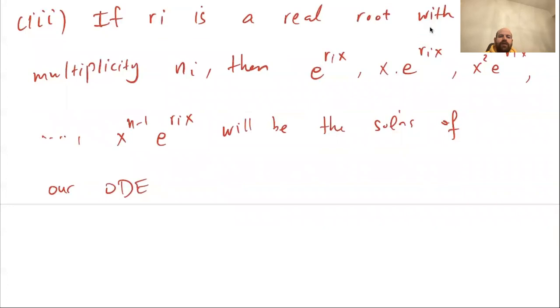And finally, if we have complex roots which are repeated roots as well, with multiplicity more than one.